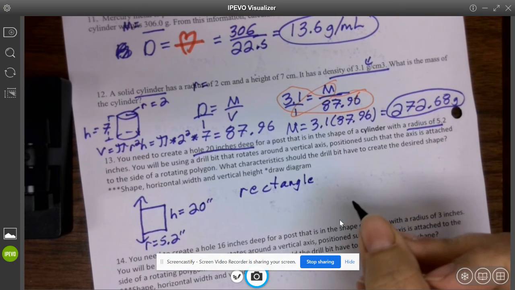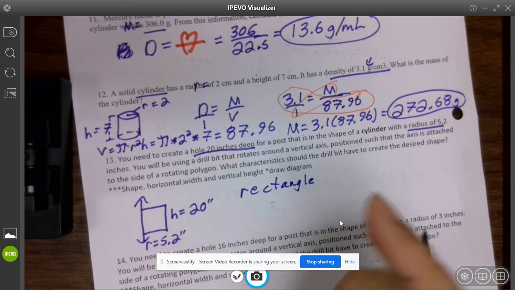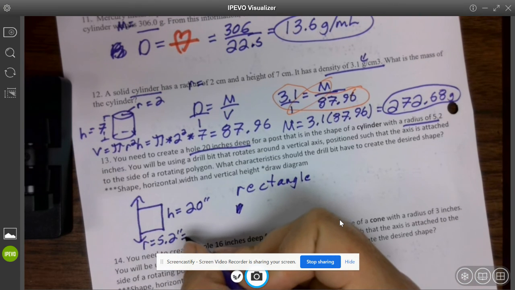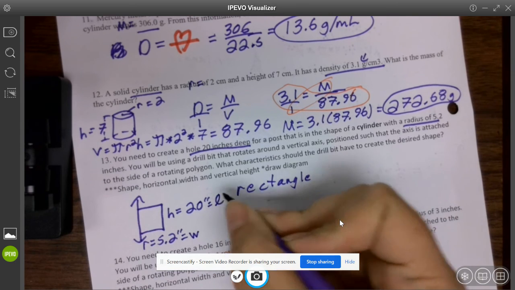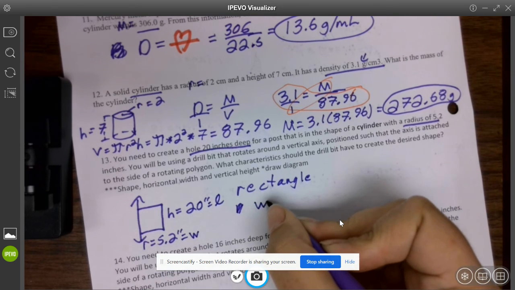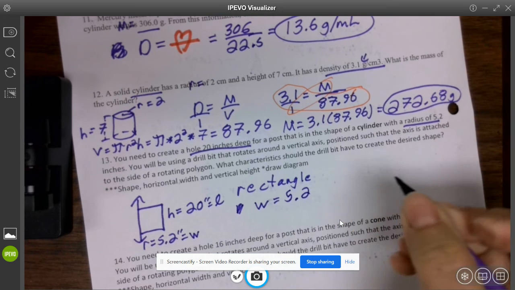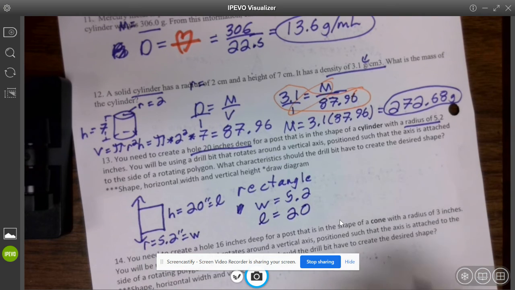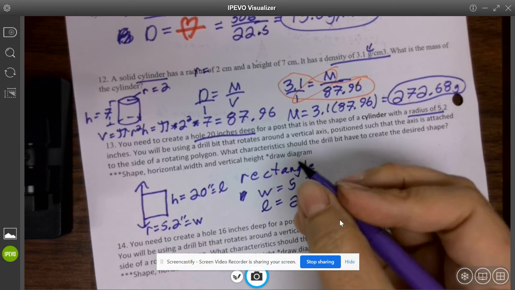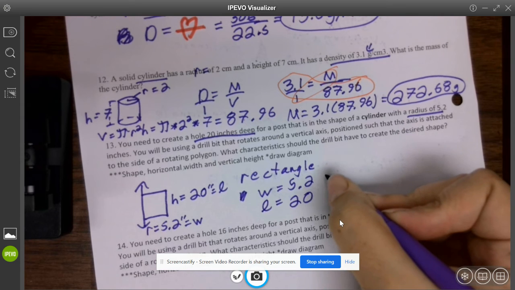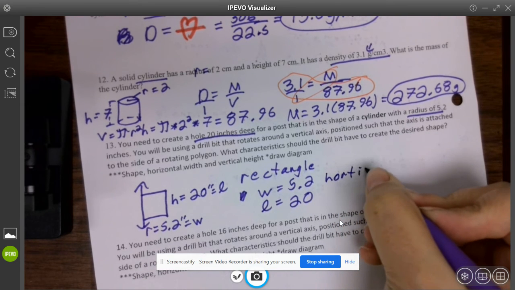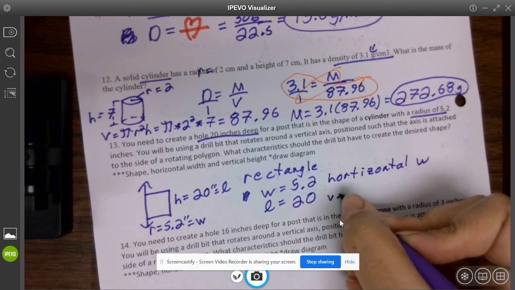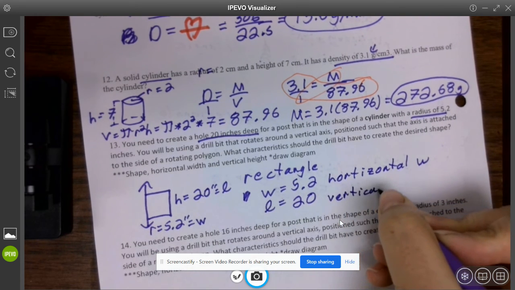Our horizontal width would have to be 5.2, and our length would have to be 20. So this is the horizontal width, and this is the vertical height.